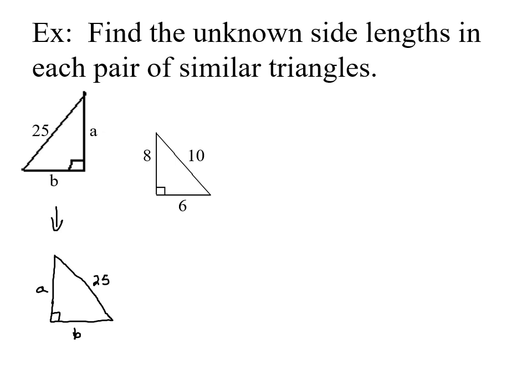So let's start with side A. For instance, I could do side A divided by 25. That's dividing the vertical side by the diagonal side. And on the other triangle, that would be 8 over 10.